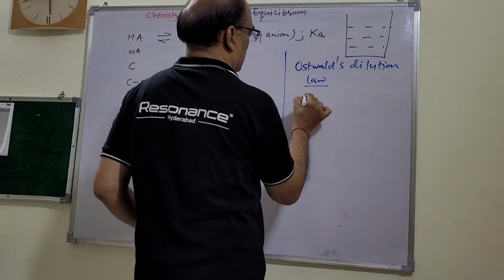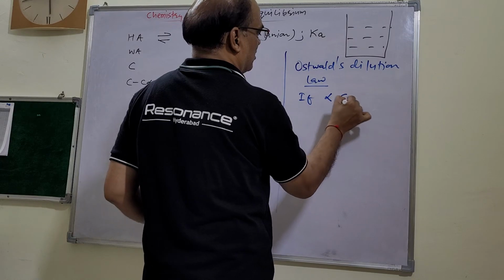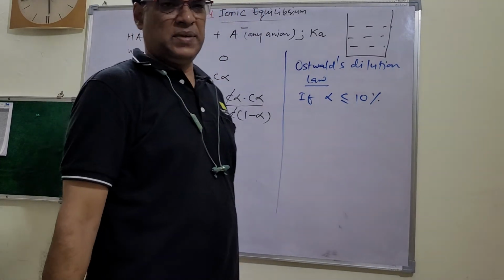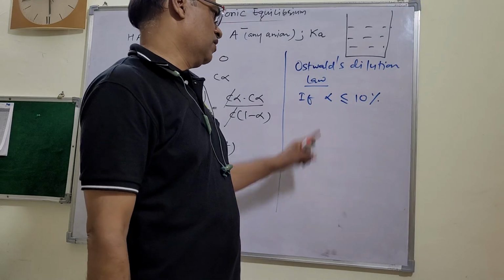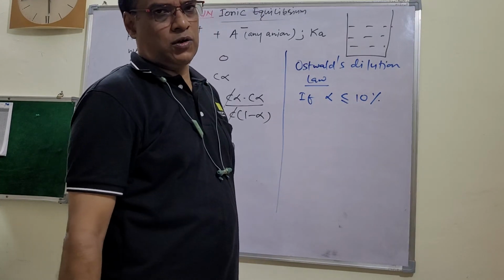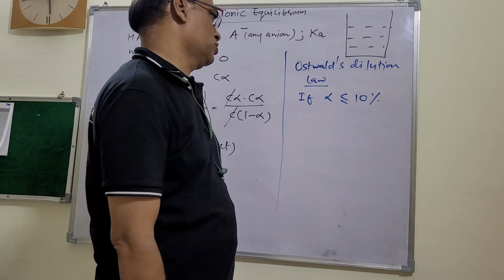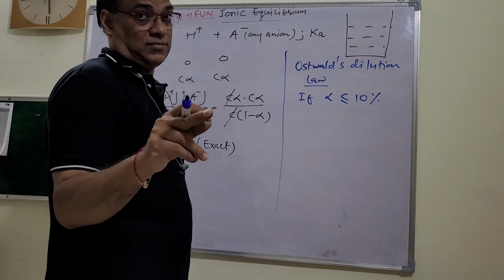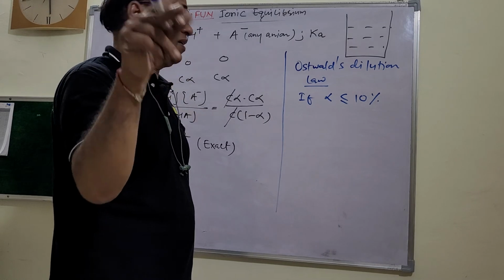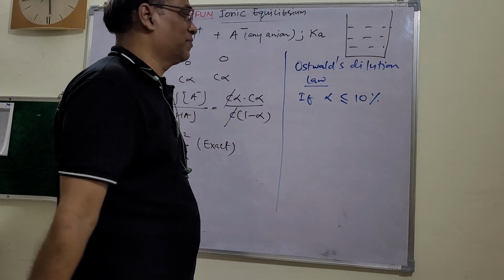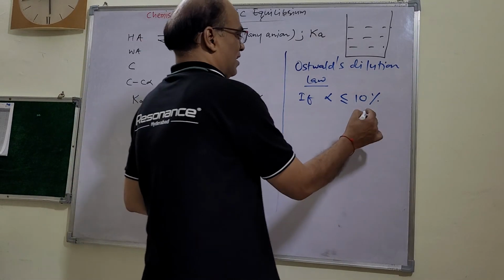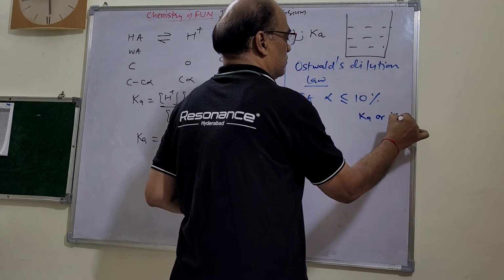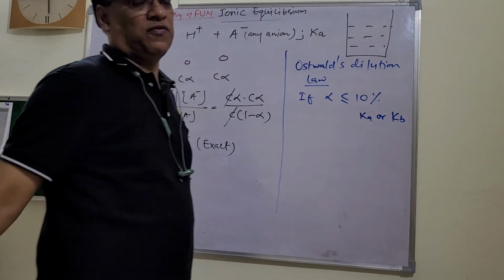Okay. So if alpha is less than or equal to 10%, in both Main as well as Advanced, you can use this approximation, provided K is not 10 to the power minus 2 or 10 to the power minus 3. I can write Ka or Kb, because the same derivation can be used for a weak base also.